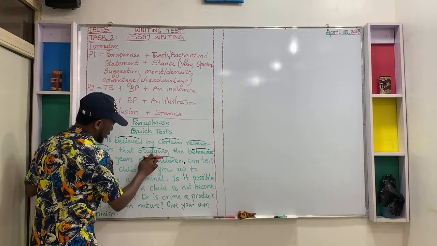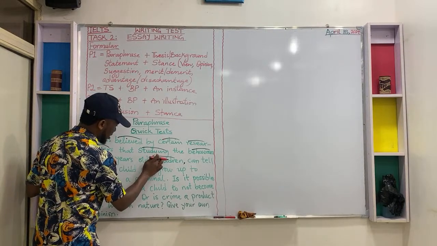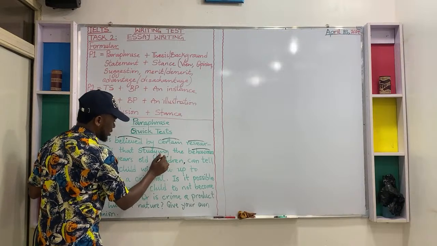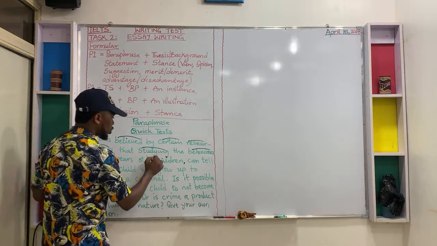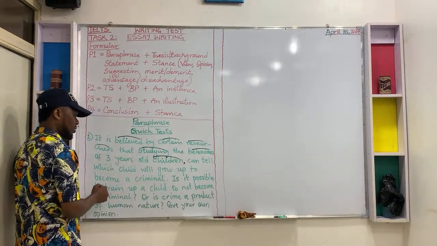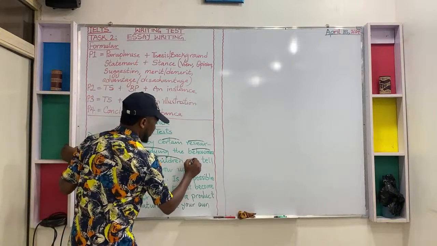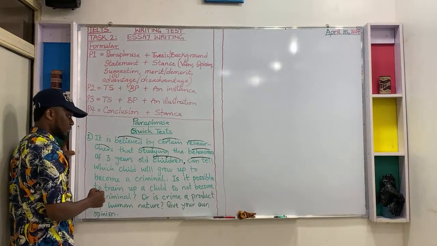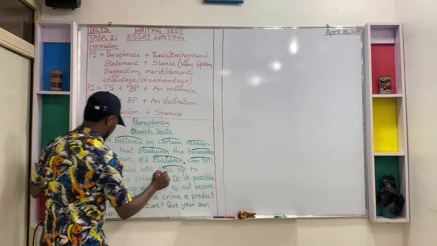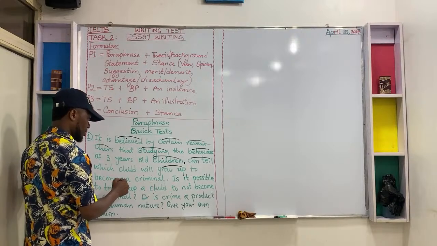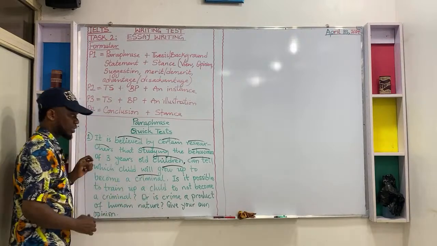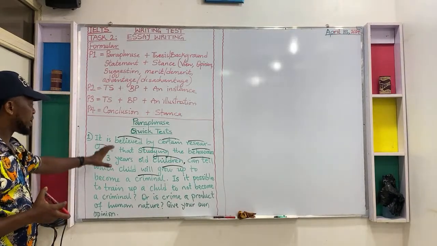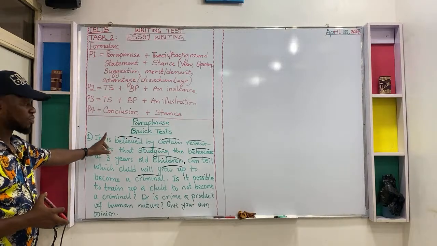But normally, you don't have to paraphrase children. But I would explain why I'm going to paraphrase children in this context. So I'm going to paraphrase children. I'm going to paraphrase can tell, grow up, criminal.